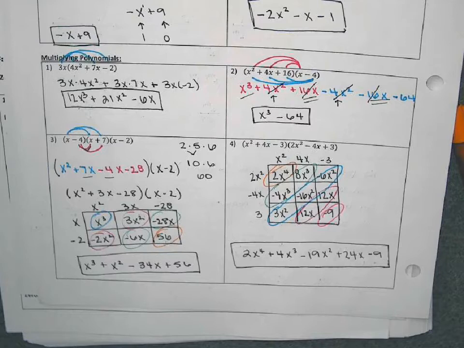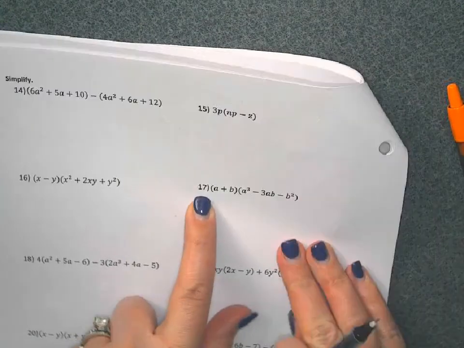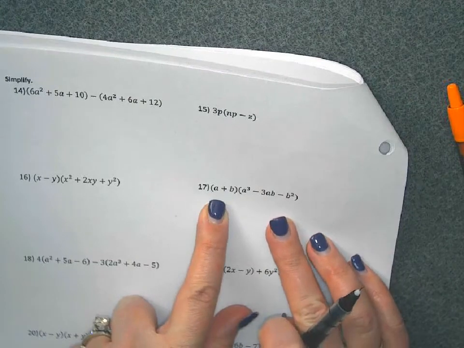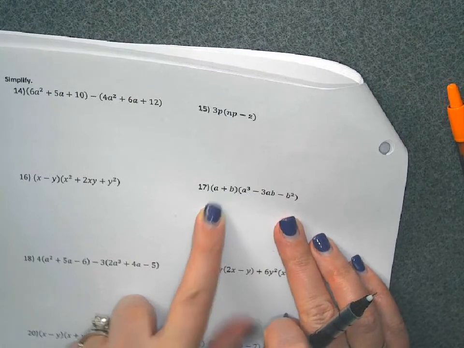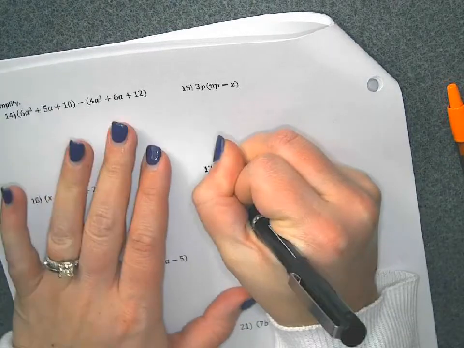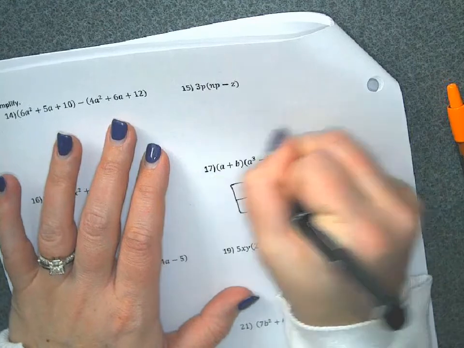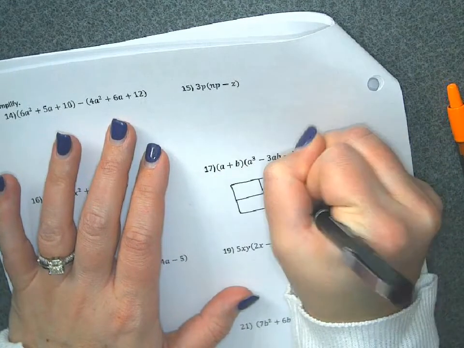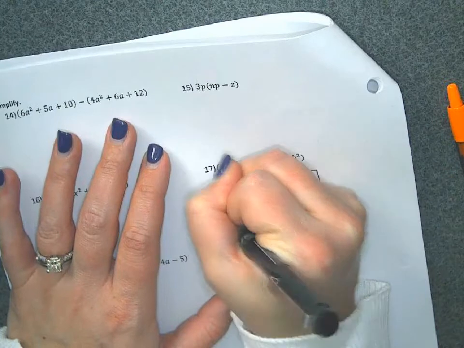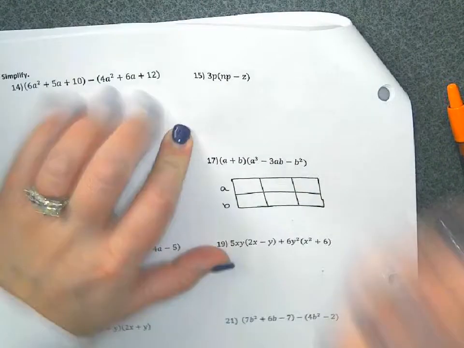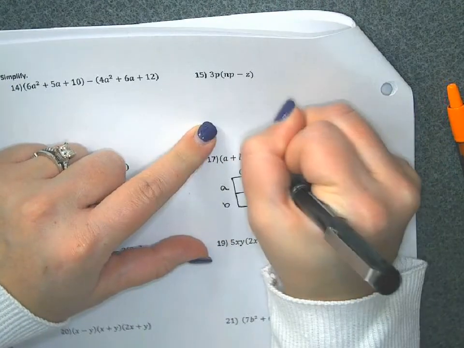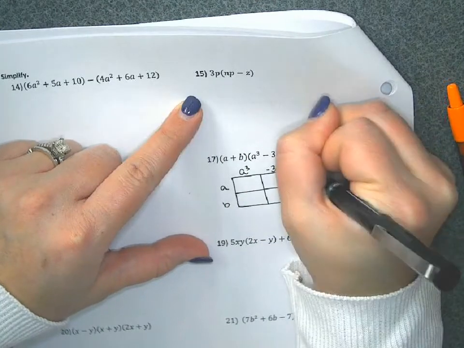That's it for notes. I did have a couple questions in class today, so I will go quickly over them. When you are dealing with something like number 17, where there are multiple variables, I would do this box method. So if you set up your box, a plus b along the side, and a squared minus 3ab minus b squared.